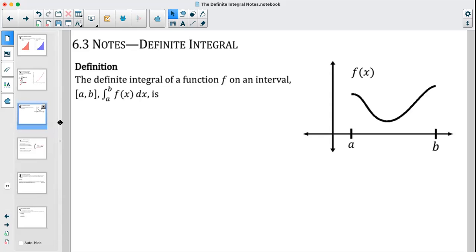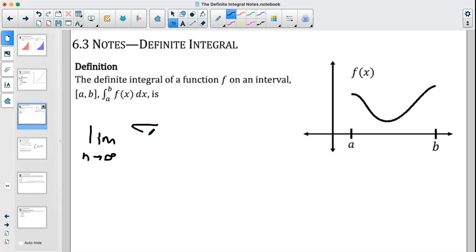So the definite integral of a function is, yeah, this is the definition. I'm basically just going to write the same thing that I wrote before.